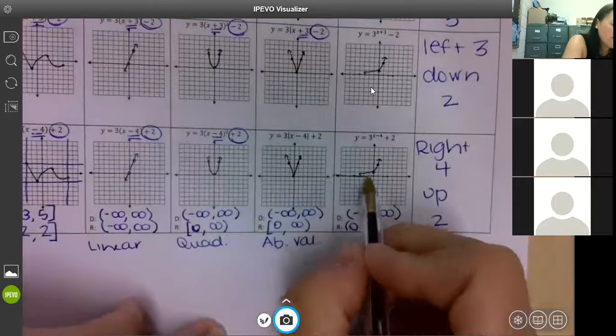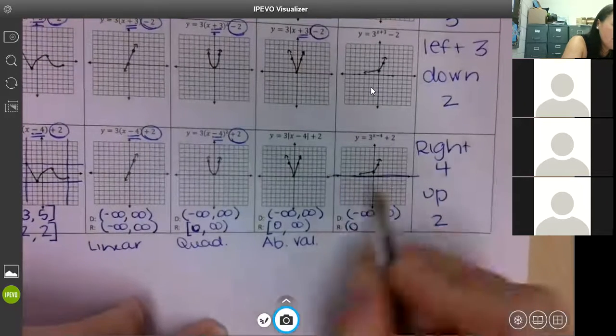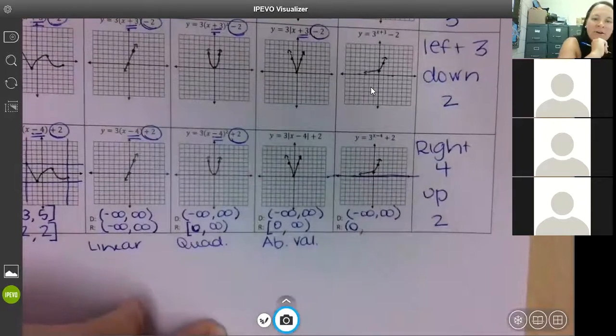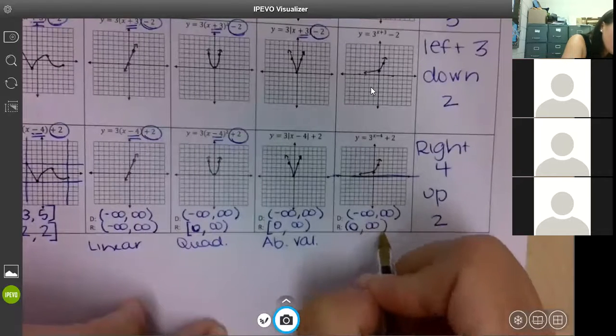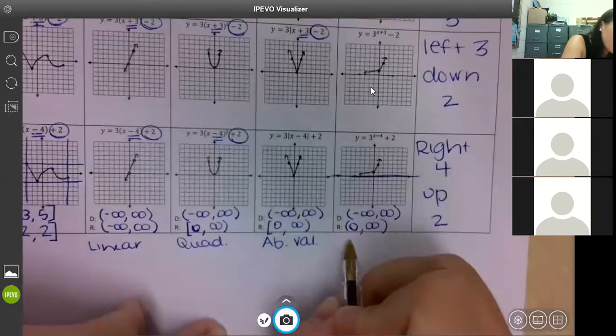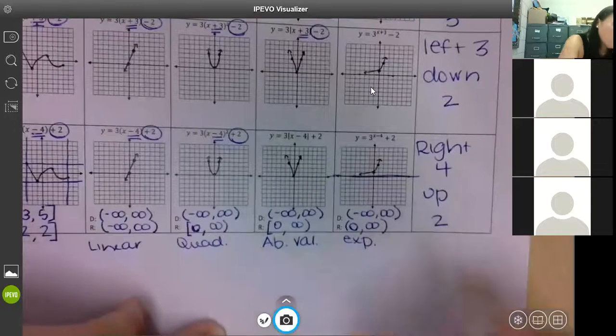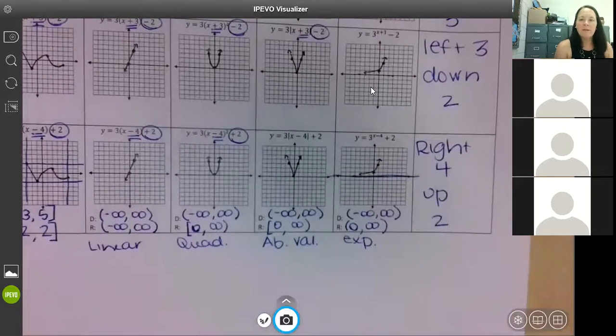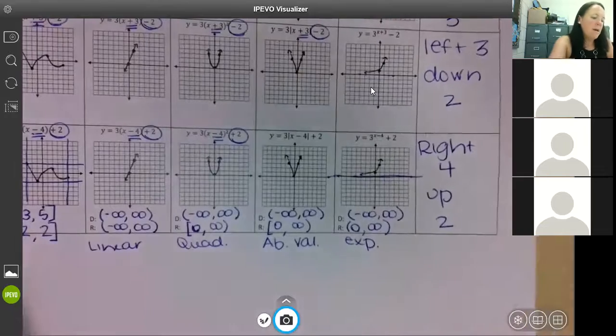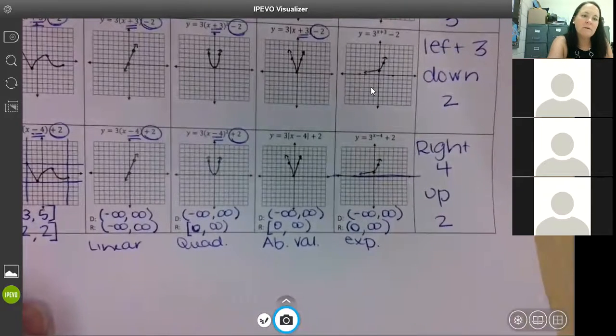It's wherever it doesn't touch. So this is going to be your asymptote. And then how high does it go? Infinity. And what type of graph is this? Exponential. Perfect. And then we're going to flip our page. Any questions on this? Okay, all of that was just more review than anything.